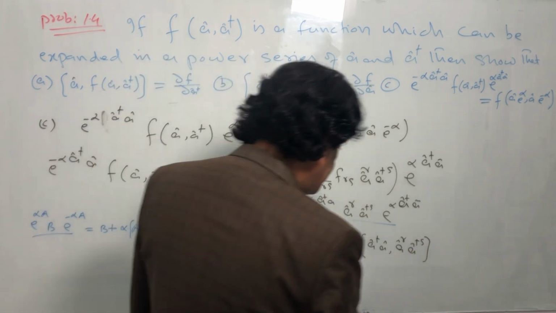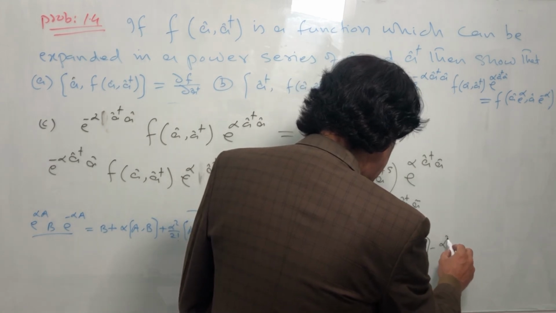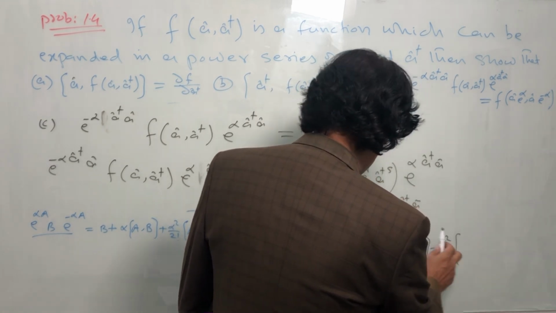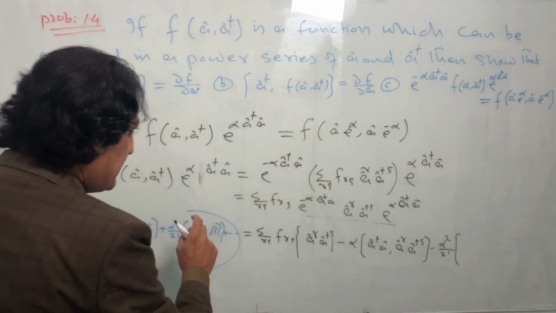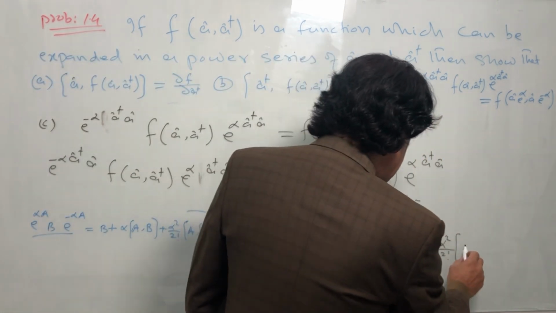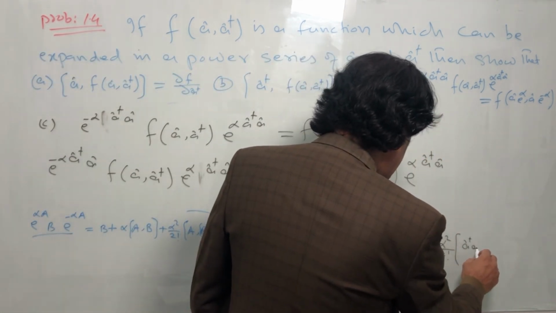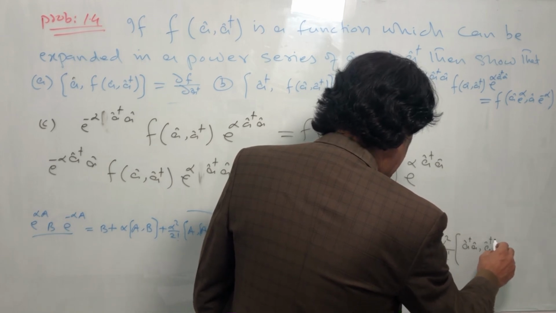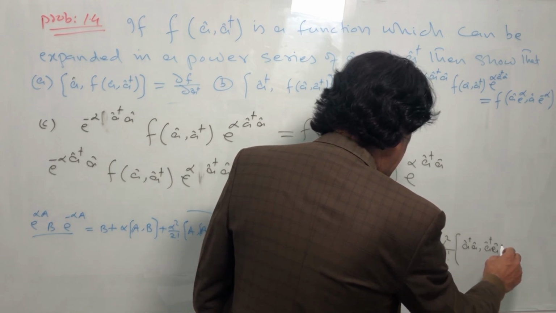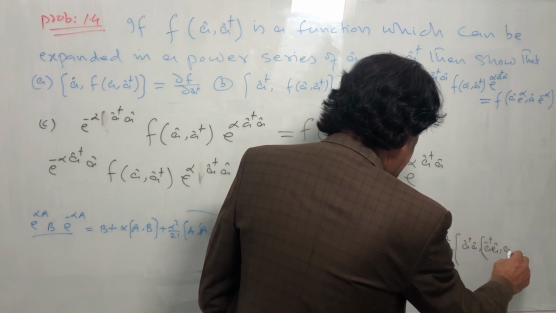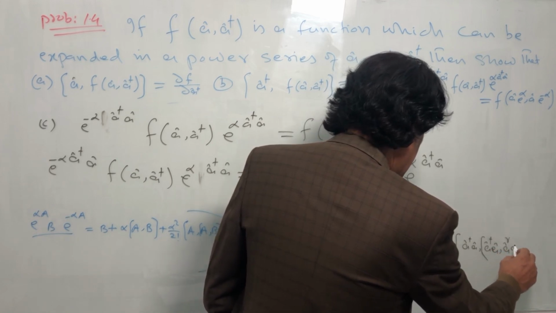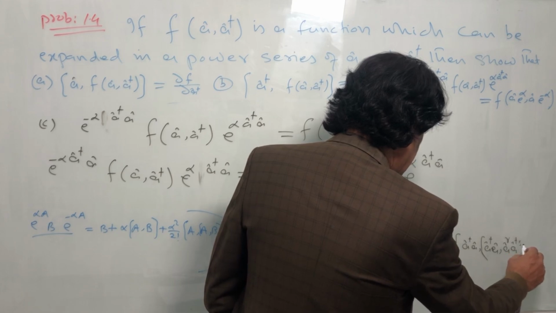And then minus alpha squared divided by 2 factorial, and we have the nested commutator of A and B, where A is a dagger a, and a to the r a dagger to the s.